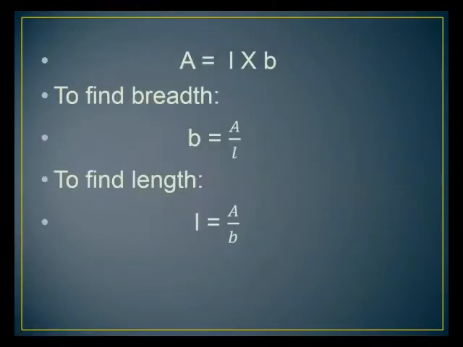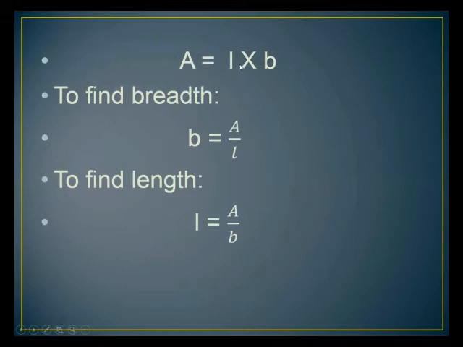As you know, the area of a rectangle is length multiplied by breadth. So to find breadth, what do we have to do? We have to transform the formula in terms of breadth. As you can see, length and breadth are multiplied with each other. So when we want to find the breadth, we don't shift the breadth, but we shift the length from the right side to the left side.